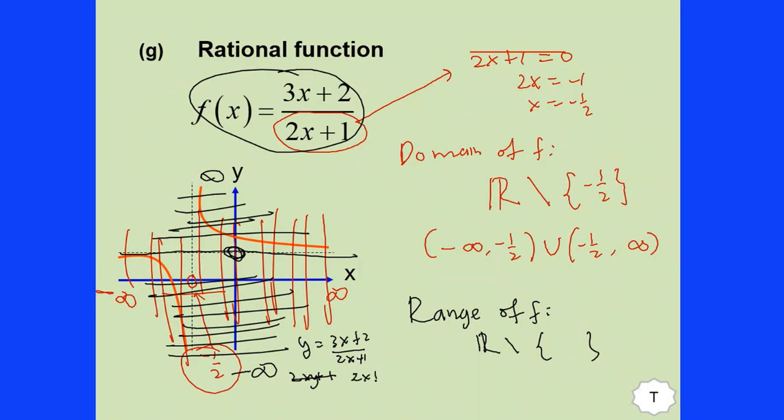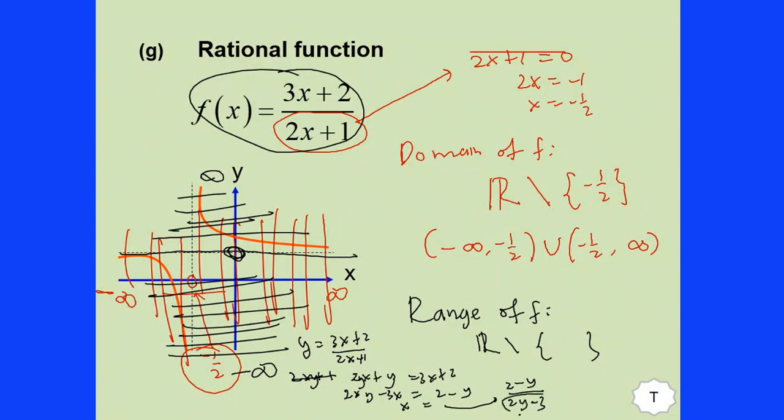Senang buat lah. Okay, Y times 2x plus 1 equals 3x plus 2. Bawa ke sebelah. 2xy minus 3x. Factorize x. Akan dapat nanti x equals 2 minus y over 2y minus 3.